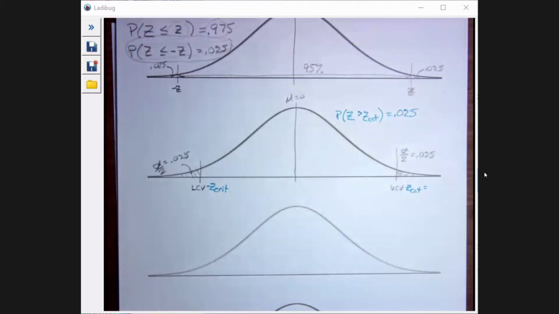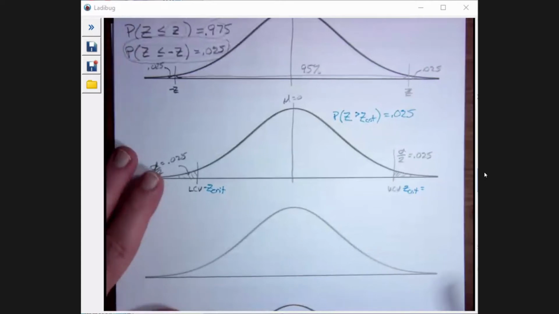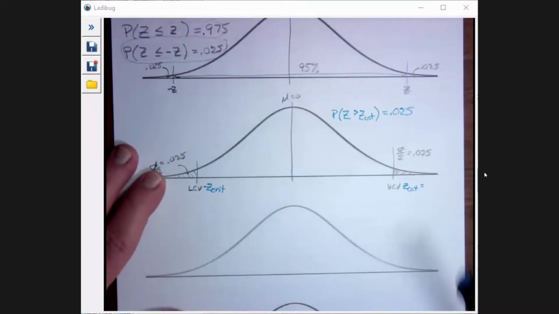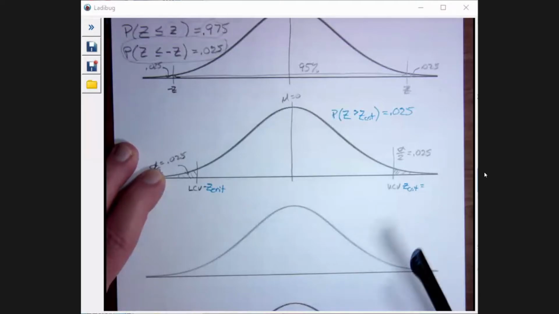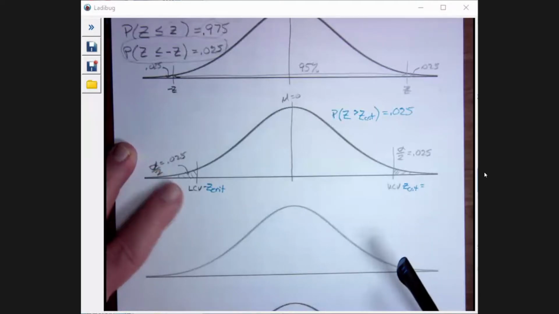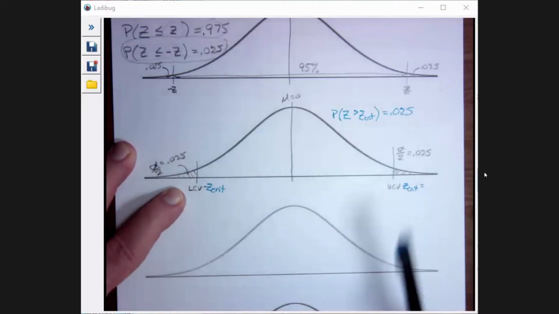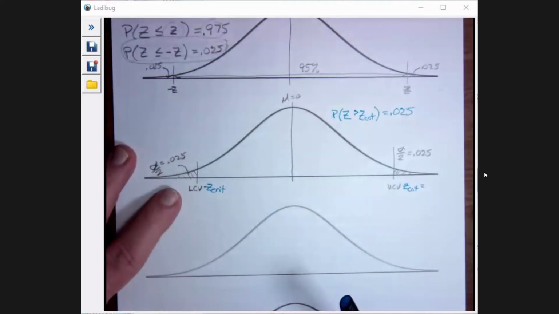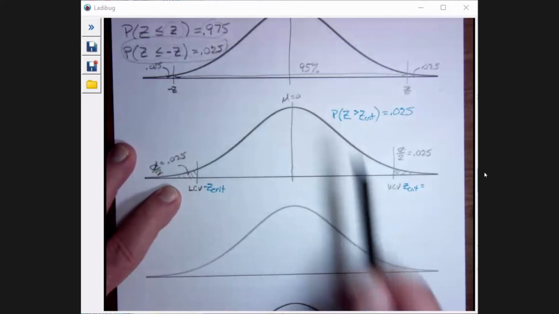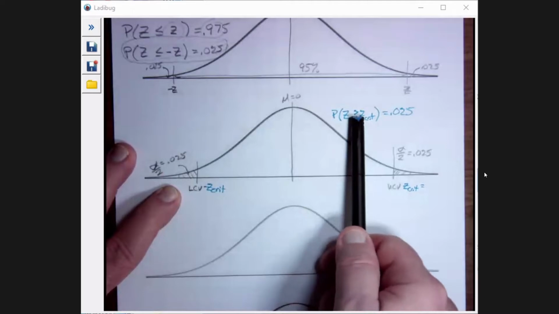What kind of function do we use to do this? An inverse function. Since this is standard normal, what inverse function do we use? Norm.s.inverse. Exactly.